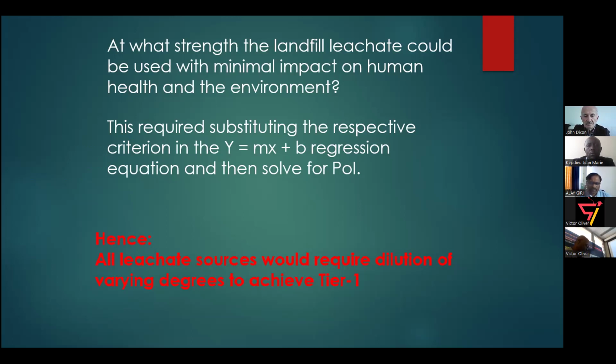So the bottom line is that all leachate sources will require some kind of dilution, of different degrees, in order to achieve Tier 1 criteria. But nonetheless, by exceeding this, from a chemical input standpoint, this may also reduce the need for adding chemical, in terms of improving the effectiveness of the drilling fluid.